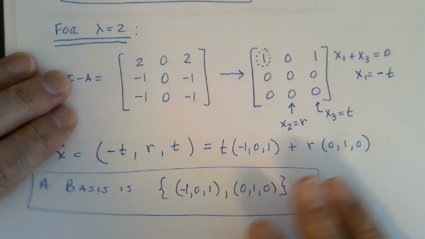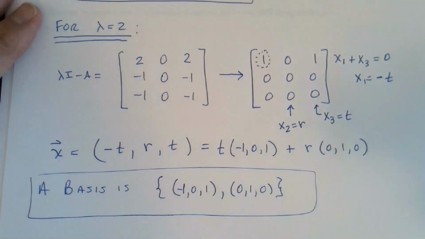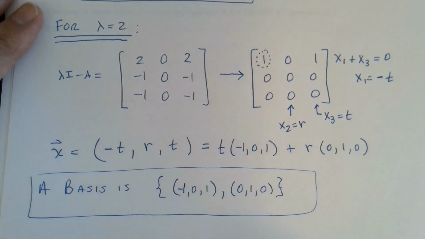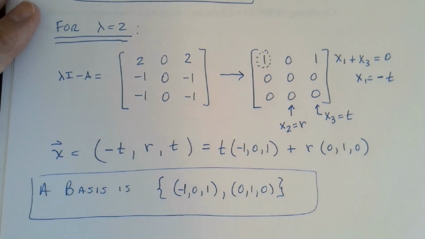So if I have an algebraic multiplicity of k, let's say, is the dimension of the corresponding eigenspace going to be k? And the answer is not necessarily. If you have an algebraic multiplicity of k, the dimension of your eigenspace is at most k.